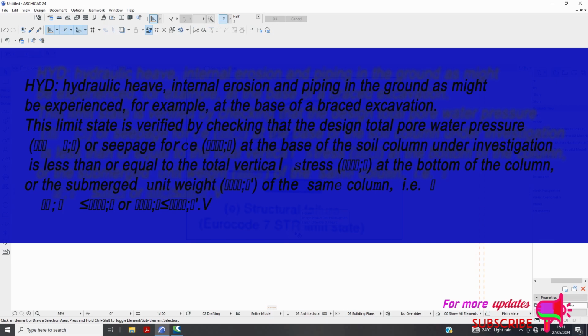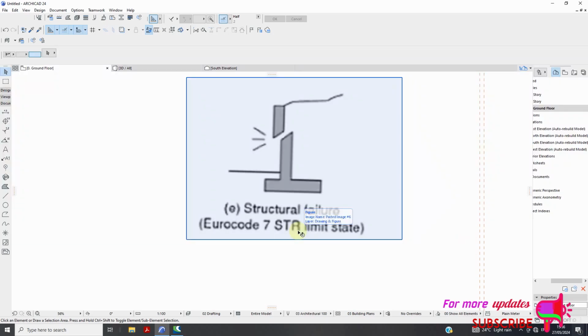This limit state is verified by checking that the design total pore water pressure UDST or seepage force SDST at the base of the soil column under investigation is less than or equal to the total vertical stress at the bottom of the column or the submerged unit weight of the same column, i.e., UDST should be less than or equal to the stresses STB.